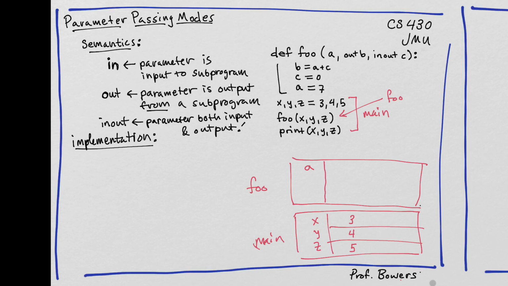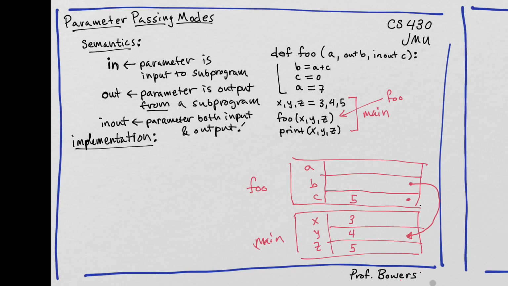Again, we're going to talk about exactly how these are implemented shortly, but with B, I'm going to treat it sort of like a reference, and with C, maybe we'll copy the value up for now.